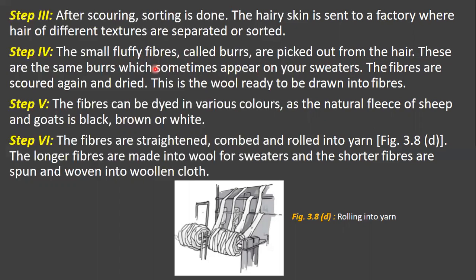These are the same burrs which sometimes appear on your sweaters. See children, fluffy means soft like wool. The small fluffy fibers called burrs are picked out from the hair. The fibers are scoured again and dried. This is the wool ready to be drawn into fibers.